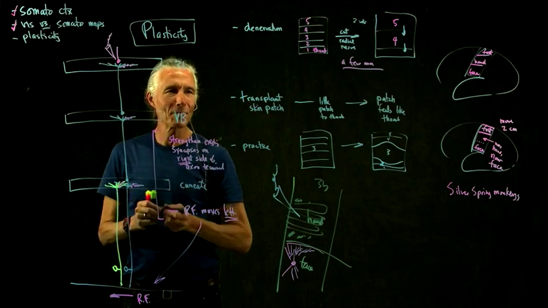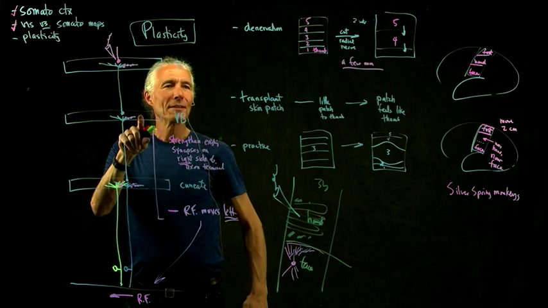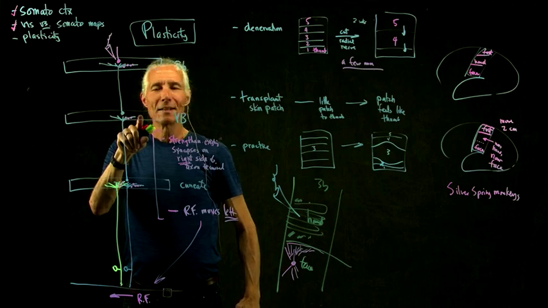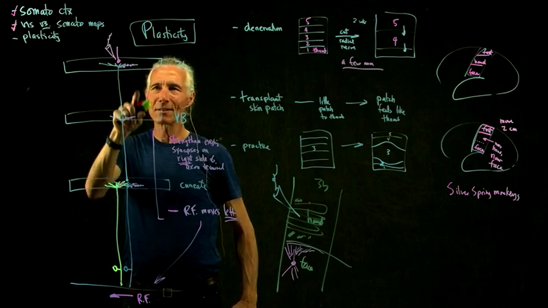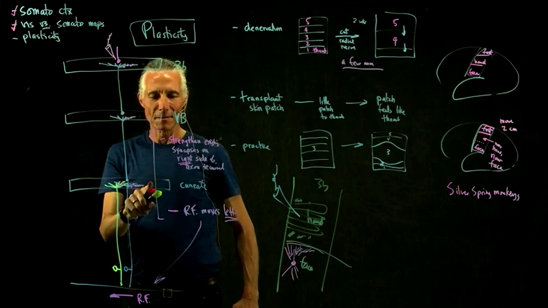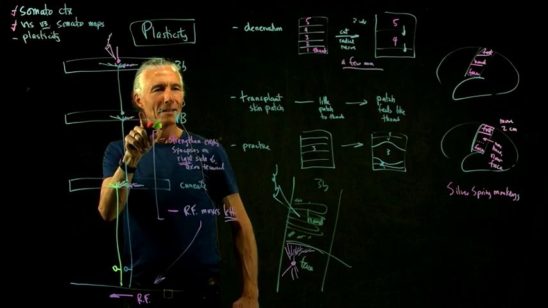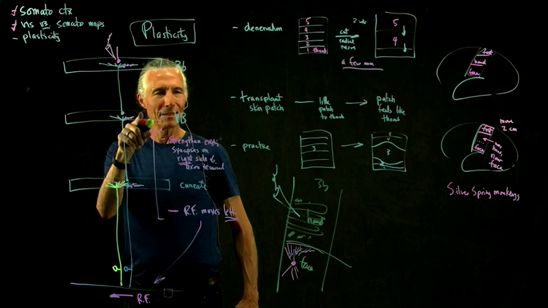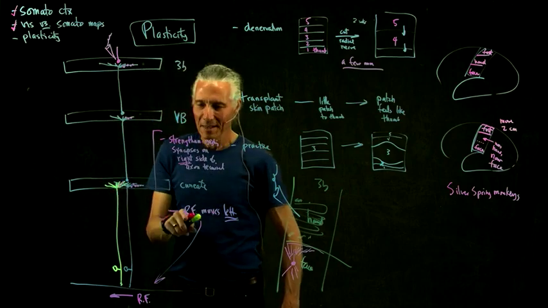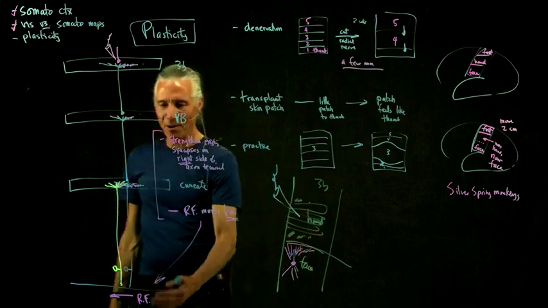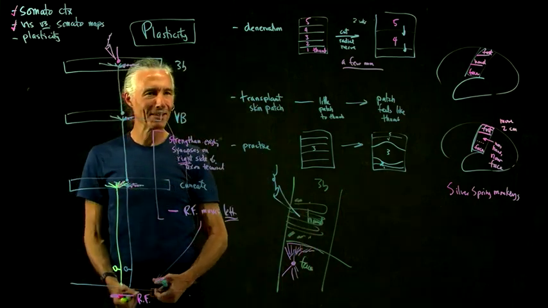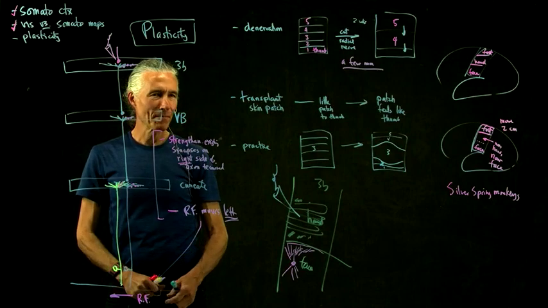Maybe it's occurring in ventrobasal. And they looked down at ventrobasal, no dice. The ventrobasal is going to the right part of cortex. The right part of the cuneate is going to ventrobasal. So it wasn't ventrobasal. So it's down in the spinal cord and the cuneate nucleus is where this is occurring.